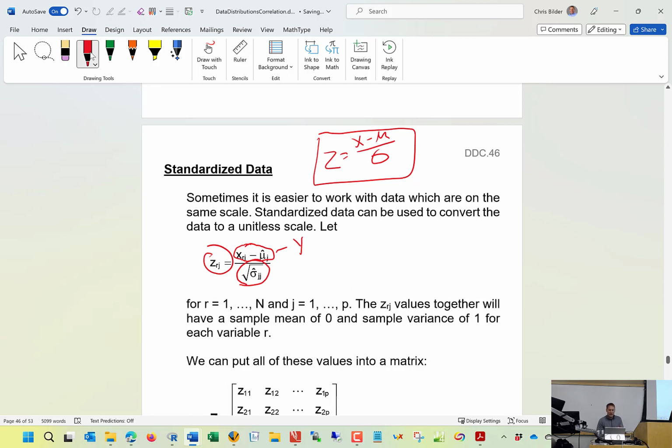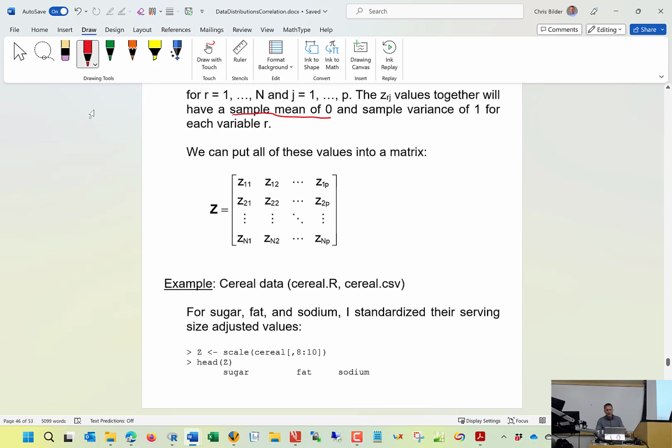So if you have all your z sub rj, r equals 1 to capital N, and you find the sample mean of all of them, it will be 0. If you find the sample variance for the jth variable, that variance will be 1. If you wanted to, you could put all these values into a matrix structure, organized in exactly the same way as an X matrix.